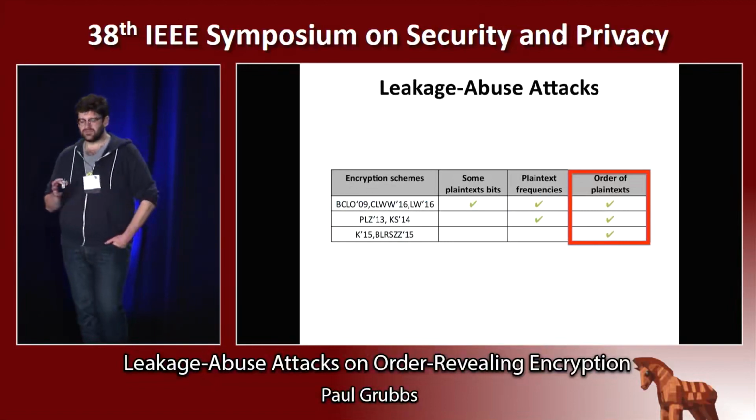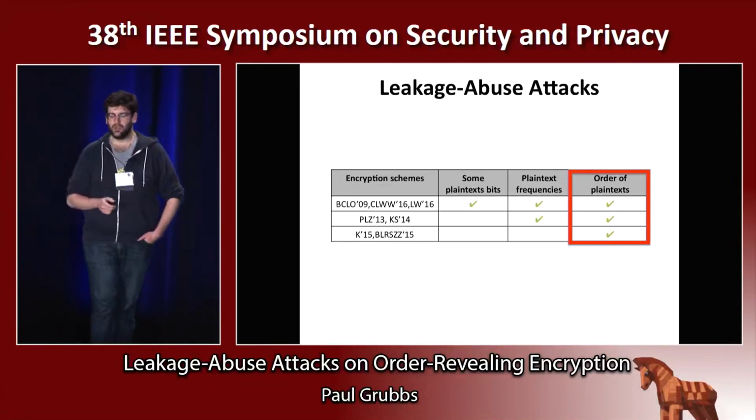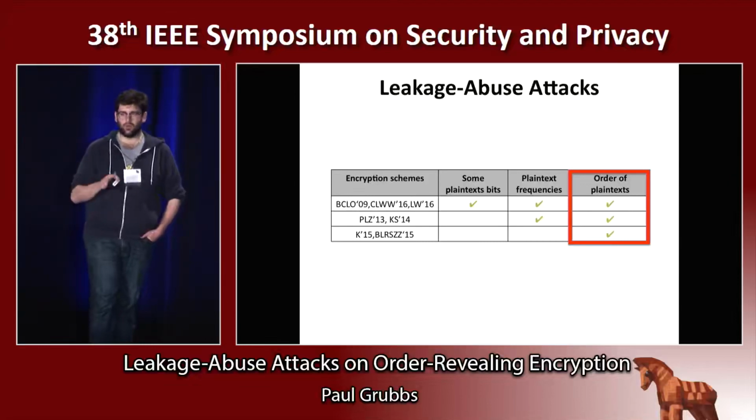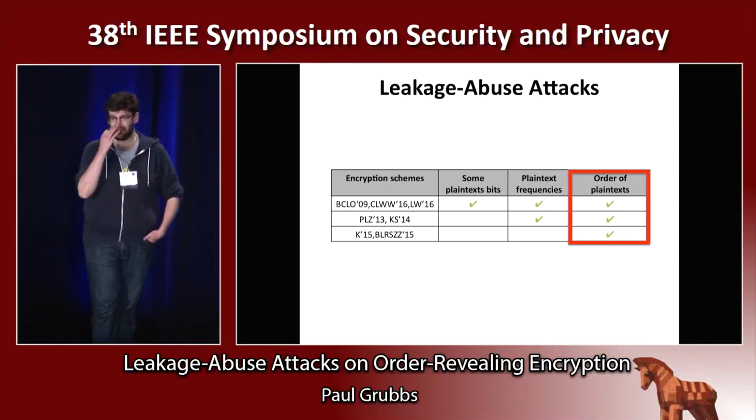So now we've seen the attacks that take advantage of order and frequency. But now we'll look at an attack that just takes advantage of the order, which again, all ORE schemes leak just by correctness. The schemes that actually achieve this low level of leakage are pretty inefficient.